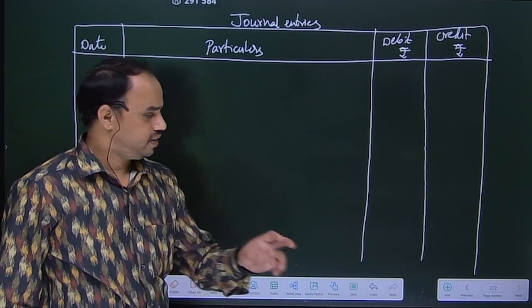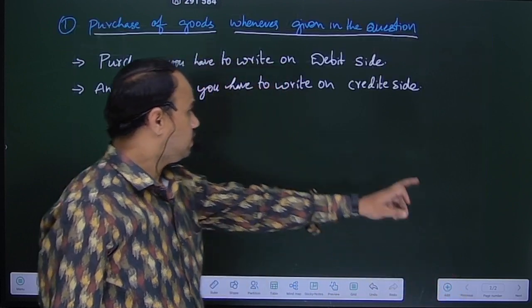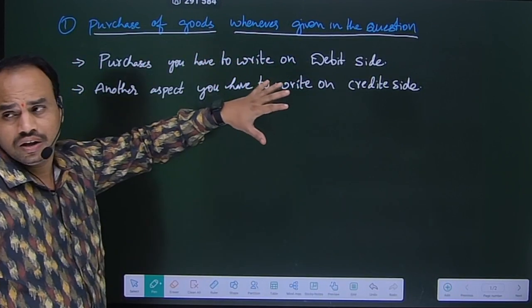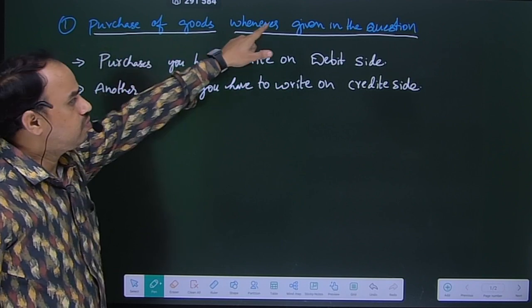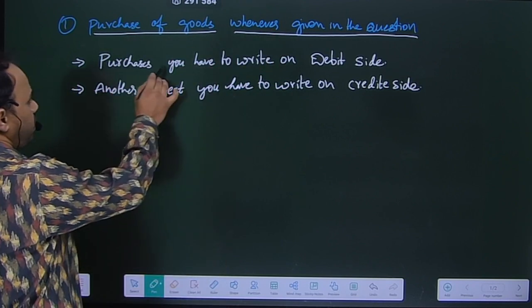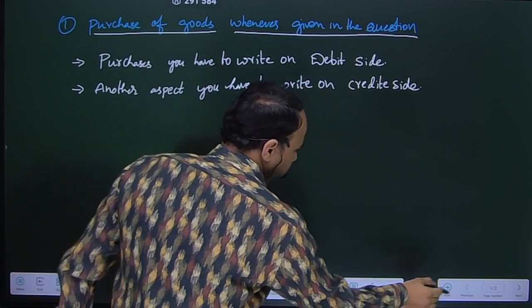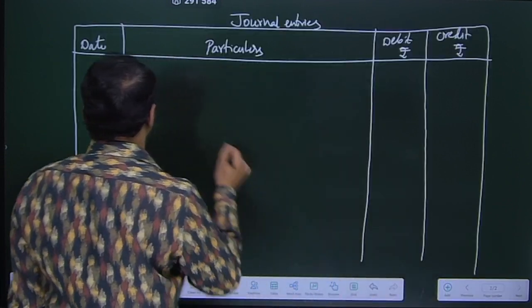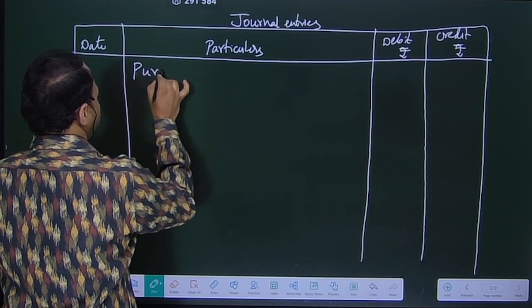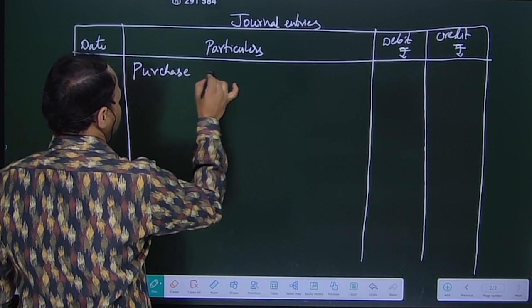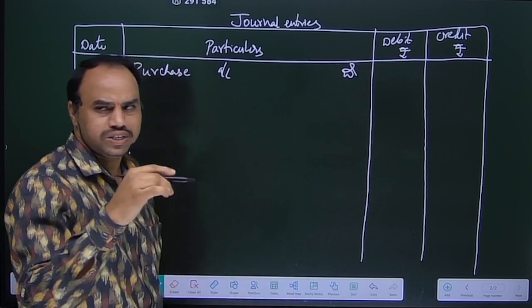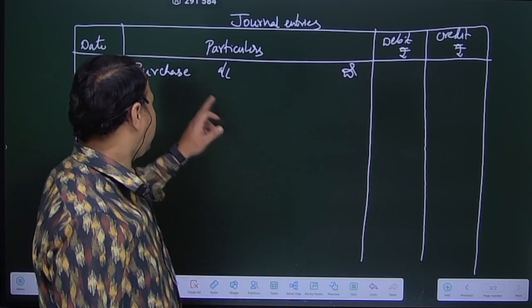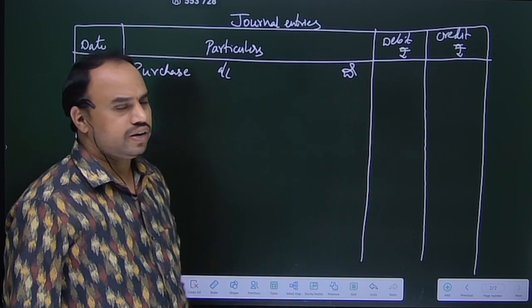Once again I will show you rule 1. Purchase of goods, whenever given in the question, you have to write purchases on the debit side. That means you write like this: purchase account debit. Whenever purchase of goods is given in the question, remember that purchases you write on the debit side.